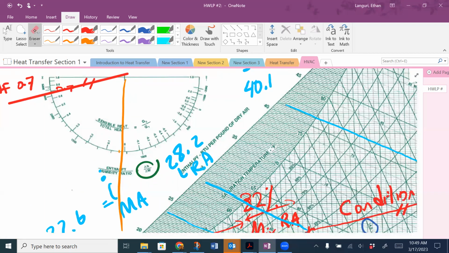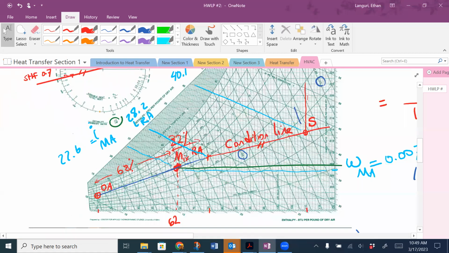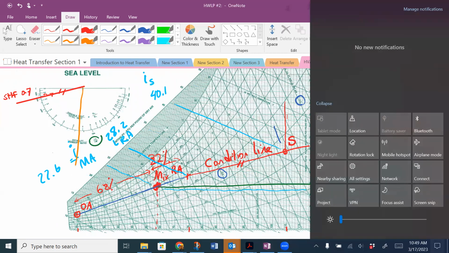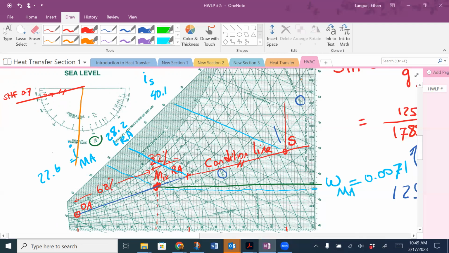So let me do it again. 1050 is this. Sorry, this is my 1050, which is equal to my delta H over delta W.